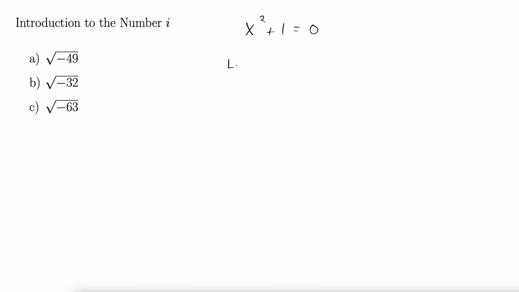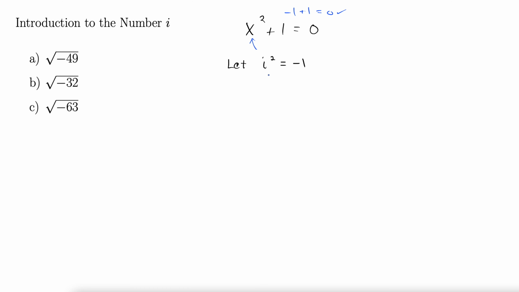Let i squared, if we take that number, whatever it is, and we square it, let's let that give us -1. And then plugging in i for x here would give us i squared. Well, this would give -1 plus 1 equals 0. Check.